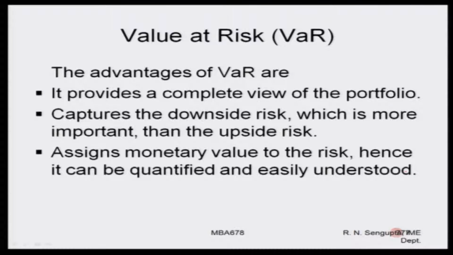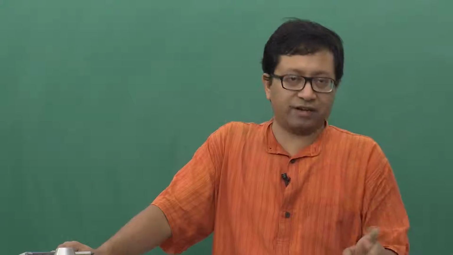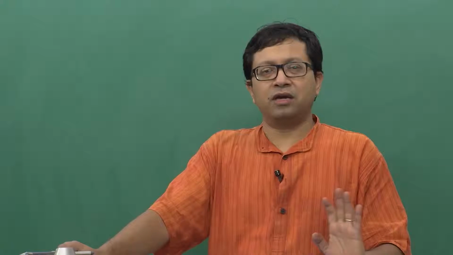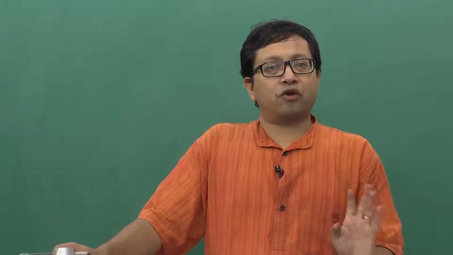So, advantages of VaR are it provides a complete overview picture, captures the downside very well, it is practically feasible, but technically, in the actual sense, if you go into the nitty gritties, it is not right. Remember, it is very simple. The concept of normality is the underlying assumption for VaR.